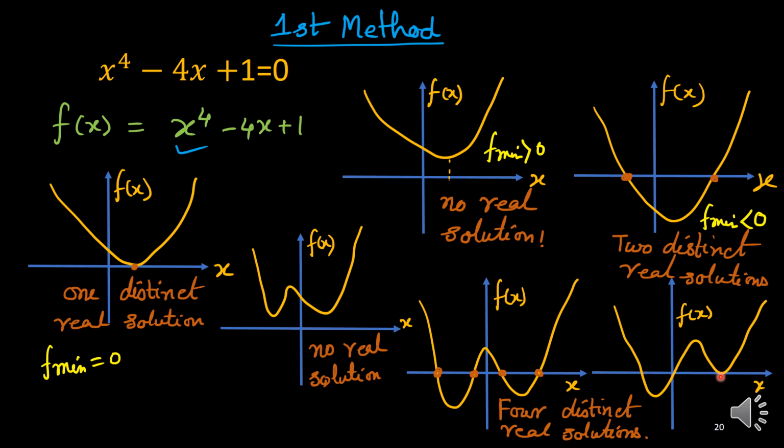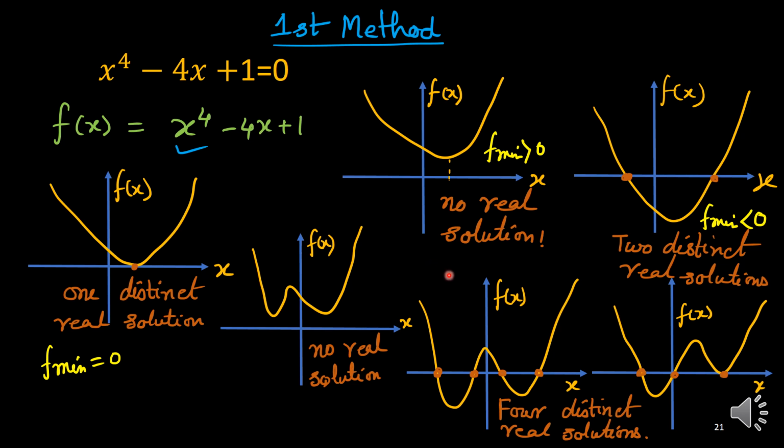In that way we may have several kinds of distinct solutions. So what we want to imply is that first we need to find how many minima there are, and at every local minimum find the function values. Based on that we can decide how many distinct solutions there will be. This is the concept.